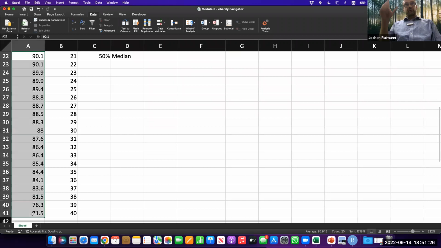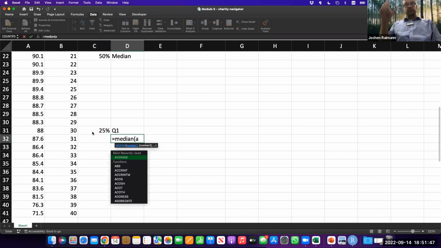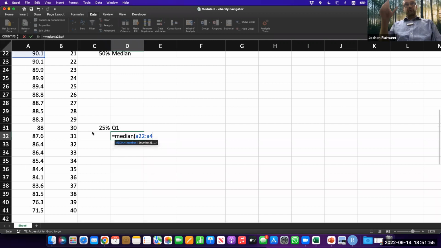So let's do here from A22 to A41, and that's how it always works. That's the lower one. Yeah, that's Q1. As per definition, Q1 is the lower one. So this is the median of A22 to A41.